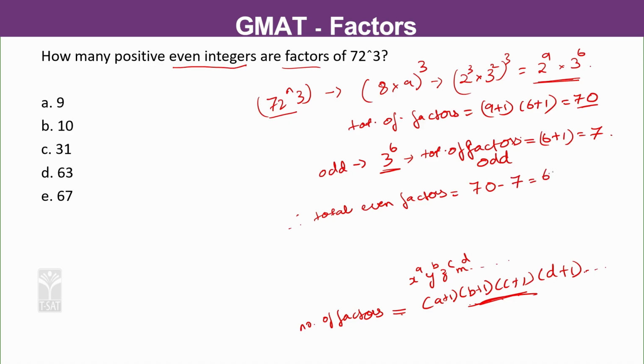It is equal to 63, which is option D. So, hope you understood that. We calculated the total number of factors, from which we subtracted the total number of odd factors to calculate how many even factors the number has. So, those were some questions on the topic of factors. Hope they were clear. Thanks for watching.